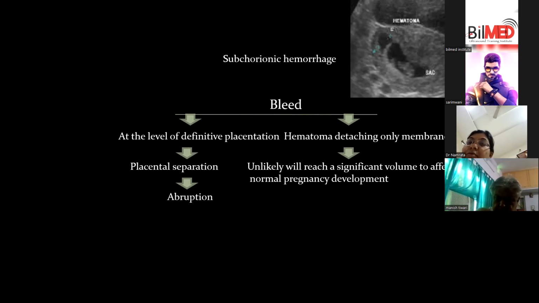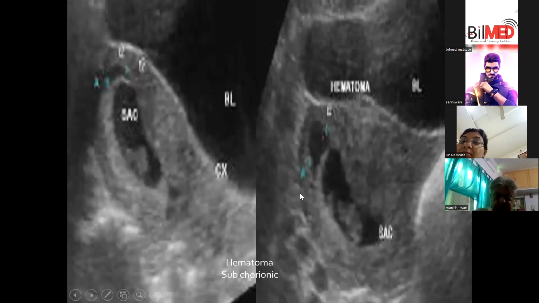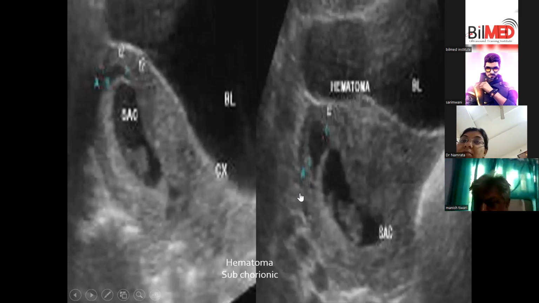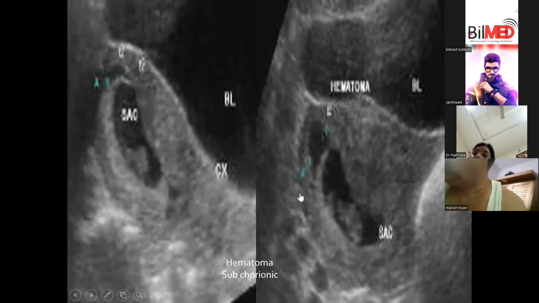But if it is detaching the placental side, that is worrisome. Now, you might be thinking, what is the placenta? Chorion frondosum. The chorion frondosum itself is the placental site. So the point is, you have to search for the chorion frondosum. Now, how is that chorion frondosum looking on ultrasound?